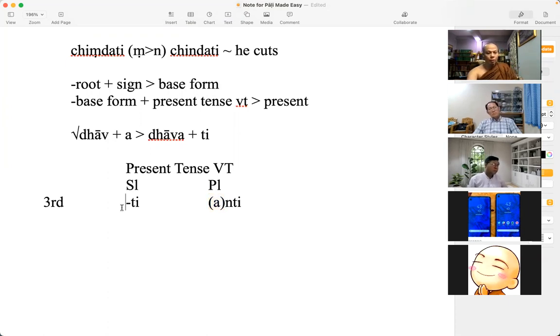So now, the base is dawa. By adding the d, we have dawa d. So the meaning, he runs.